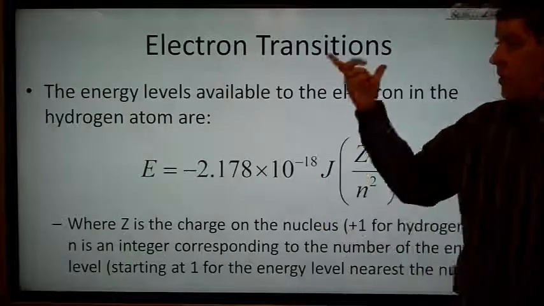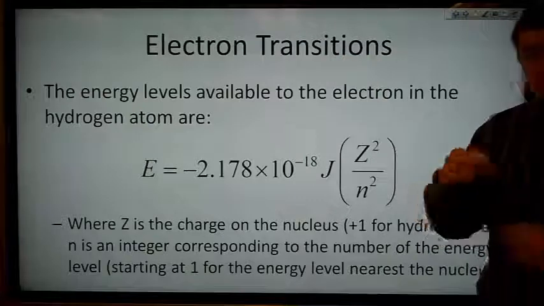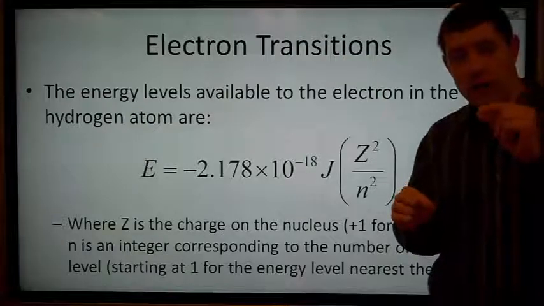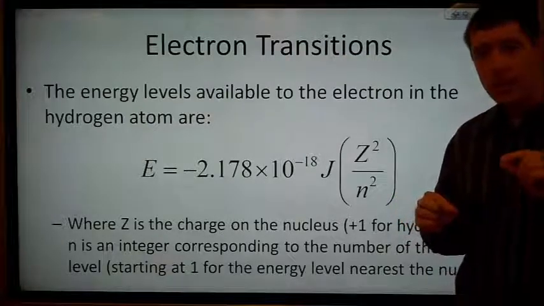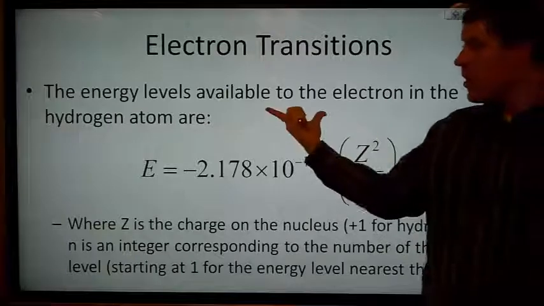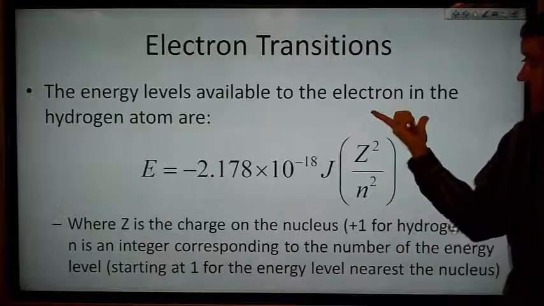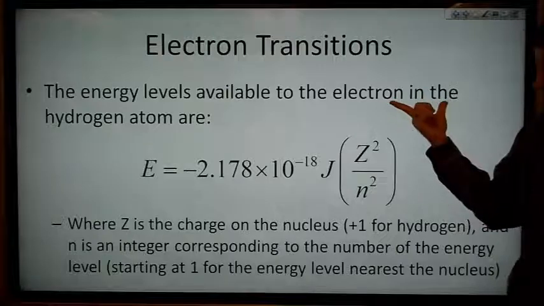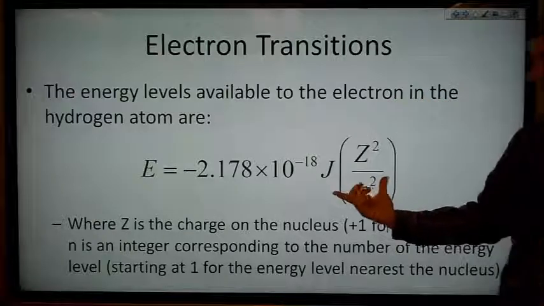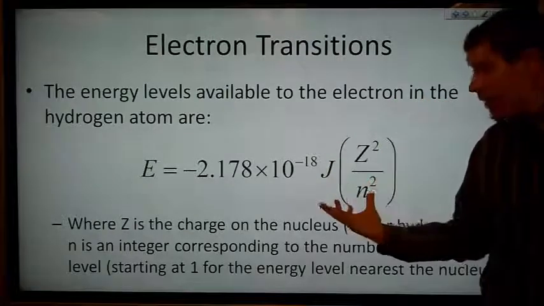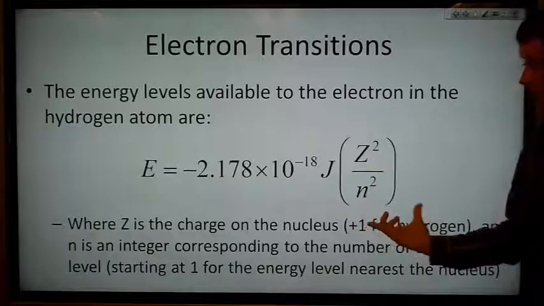So, with electron transitions, this is an electron moving from one energy level, one orbit, to another energy level, a different orbit. So, for the hydrogen atom, Bohr showed that the energy levels can be calculated using this equation.